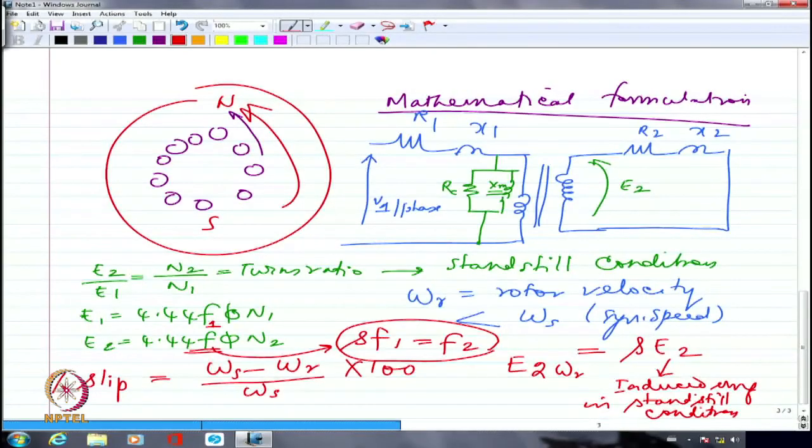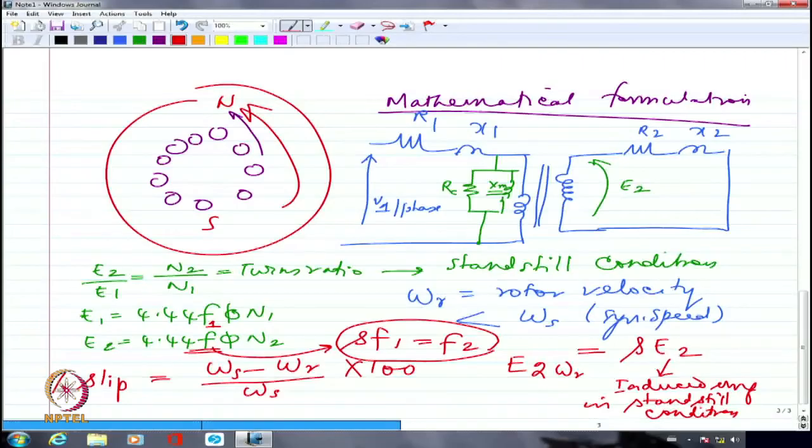Right? Are you clear with this? So the moment the rotor starts rotating, I immediately have two repercussions. One is that the frequency of the rotor circuit declines, and the second is that the overall induced EMF in the rotor circuit also declines, and both decline by a factor of S. And S is definitely less than 1. You have seen that, right?